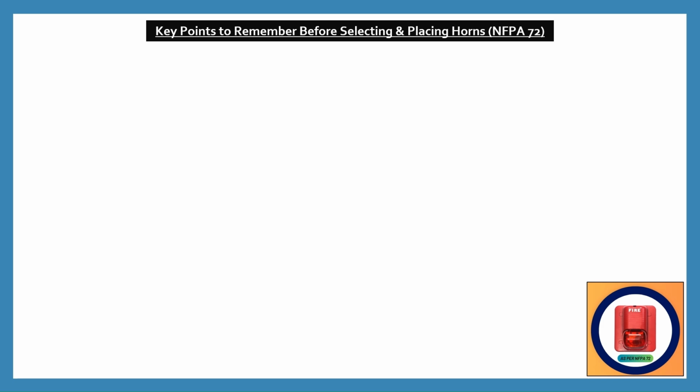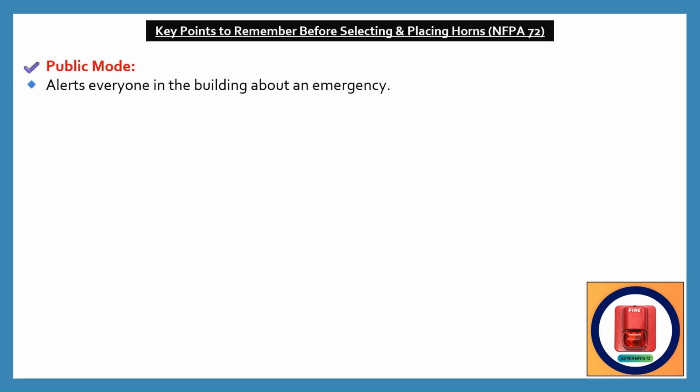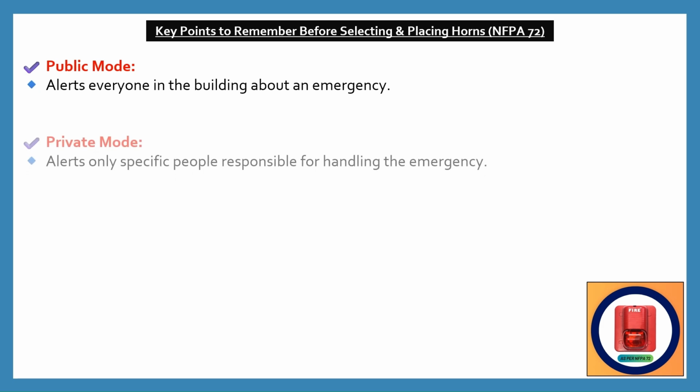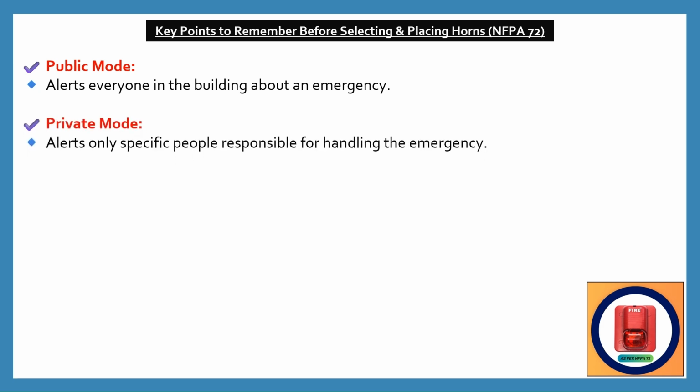Now let us talk about different modes, like public mode and private mode. Public mode is when the alarm is intended to alert the occupants, or everyone in the building, about an emergency situation. Private mode targets only those specific individuals responsible for managing the emergency, like security or maintenance teams.